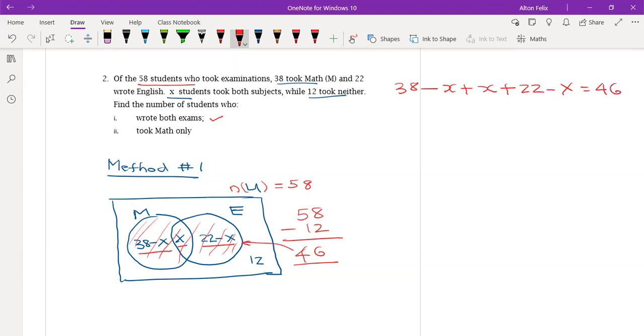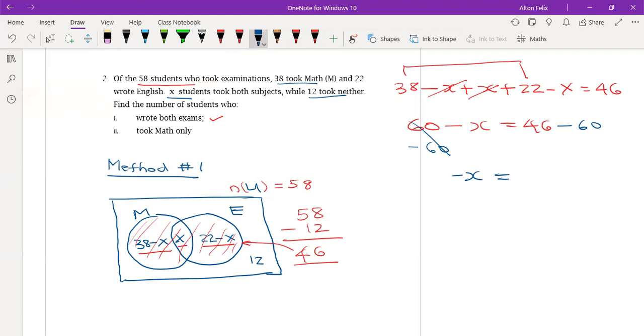And we simplify: minus X plus X will cancel. 38 plus 22 will give us 60. So we have 60 minus X equals 46. So let's subtract 60 on both sides. So we can eliminate this number here. So we are left with minus X equals 46 minus 60, which is minus 14.